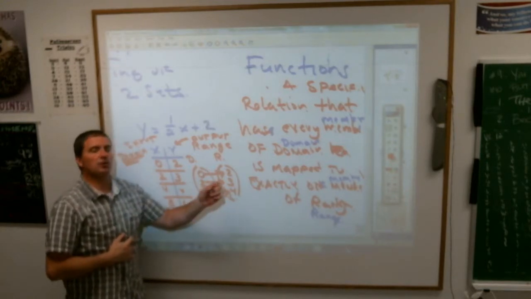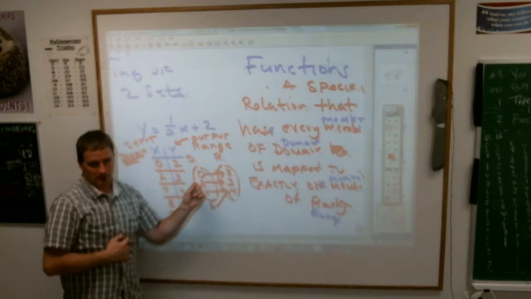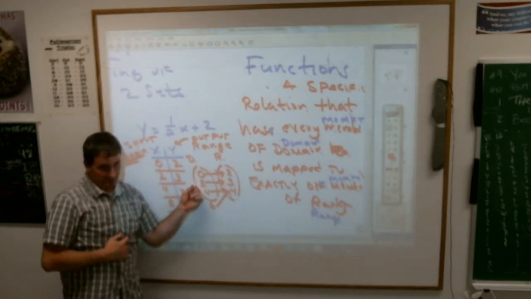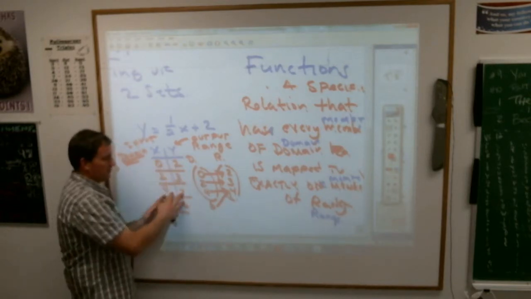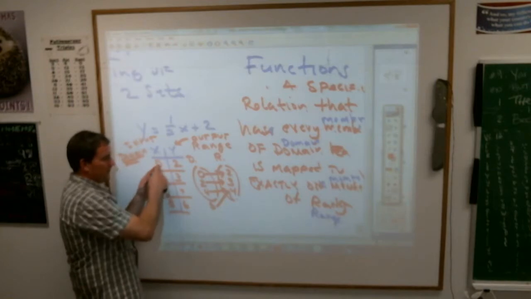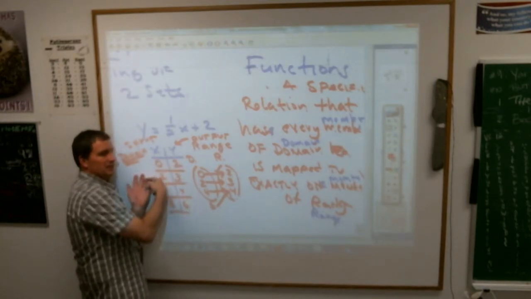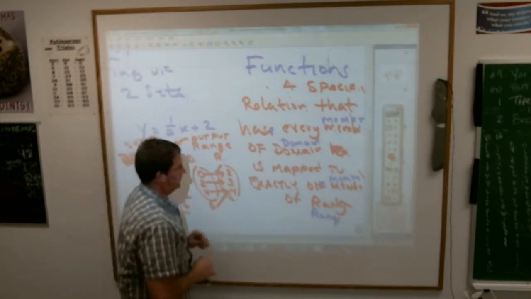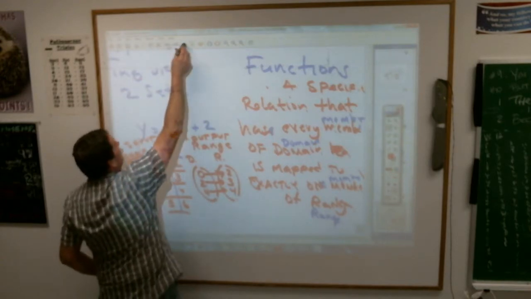Different domains can go to the same range, but you can't have different ranges going to the same domain. So you can have different x's being the same y, but you can't have 2 different y's being the same x.